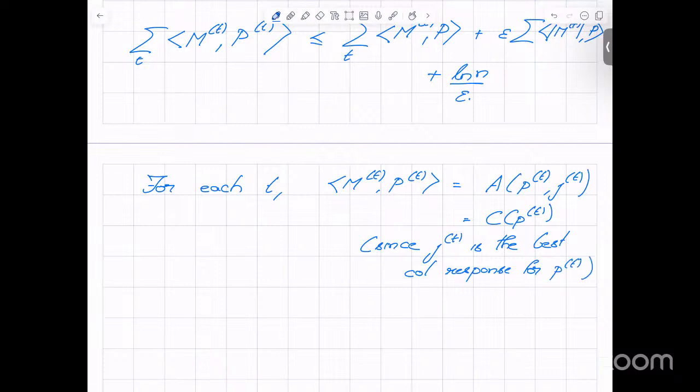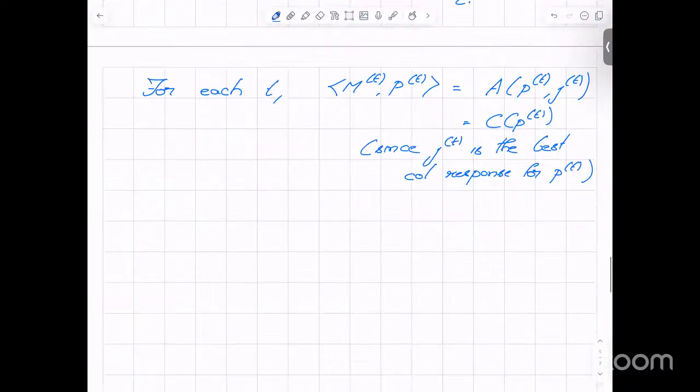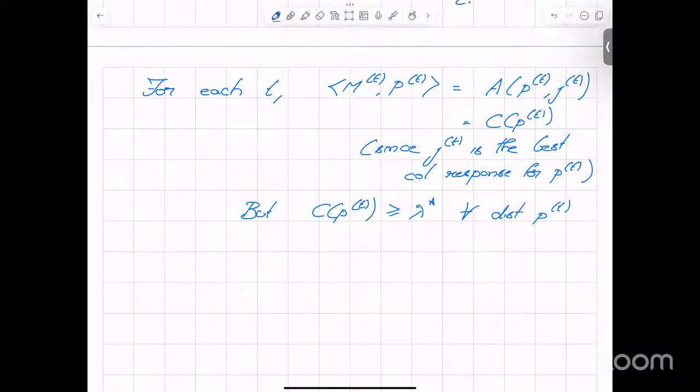But C(P_t) is always lower bounded by lambda star. C(P_t) is always greater than lambda star for all distributions P_t. I do not care which distribution I put in there.